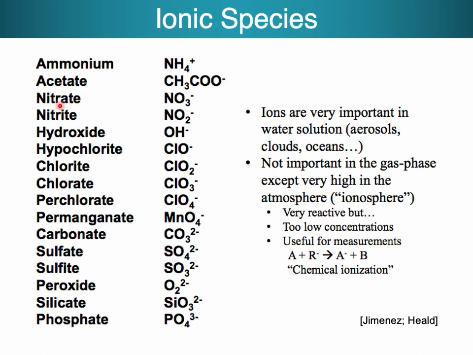And nitrate, nitrite, and so on and so forth, and carbonate, sulfate, sulfite, silicate, phosphate, all of these are very important in the environment. They are charged species, they are ions. They are very important, especially in water solution, including in aerosols, clouds, oceans, rivers, lakes, and so on. But they are not that important in the gas phase, except very high in the atmosphere where you have the ionosphere.